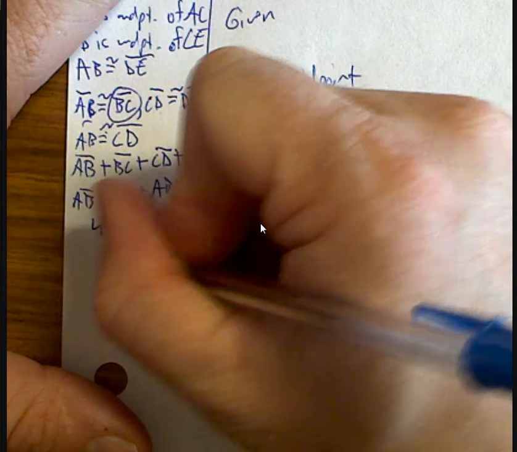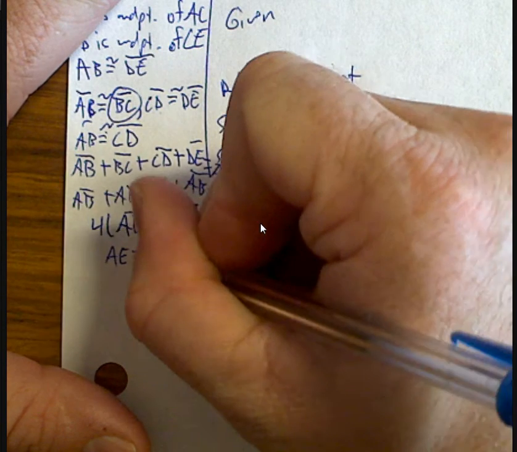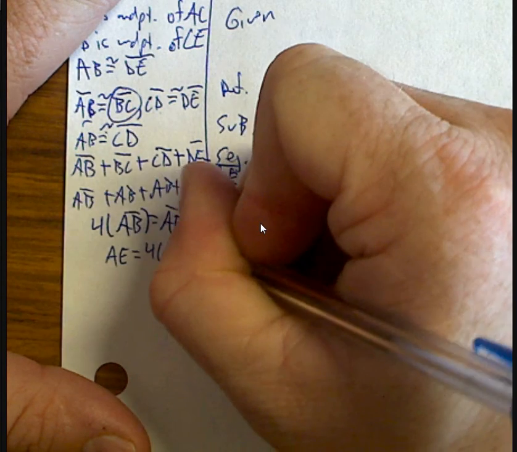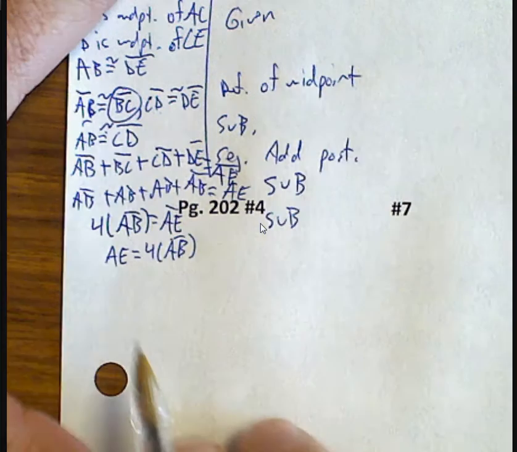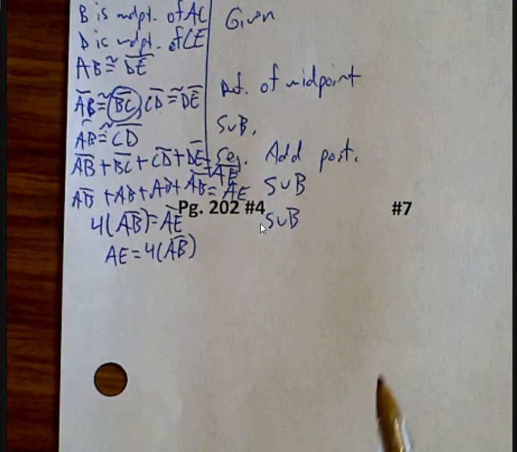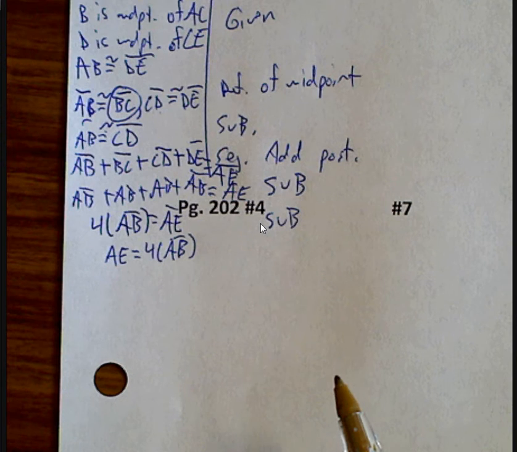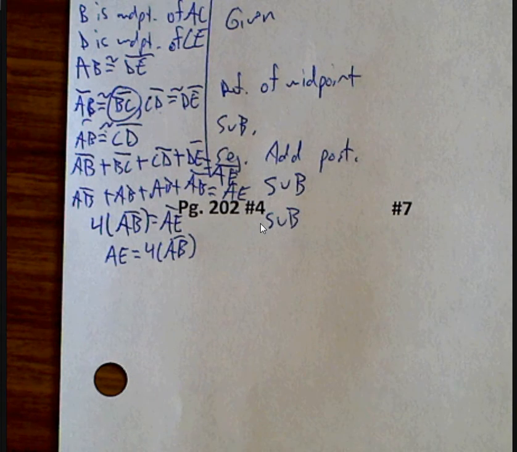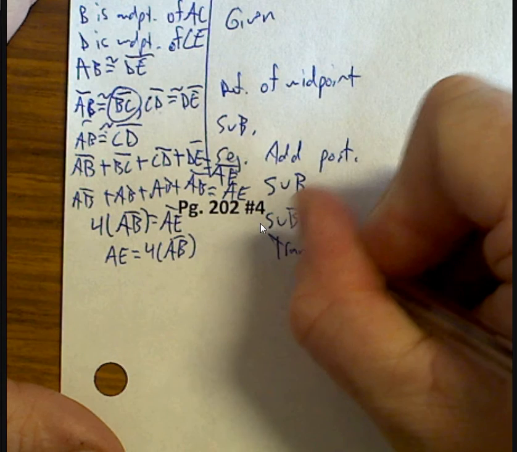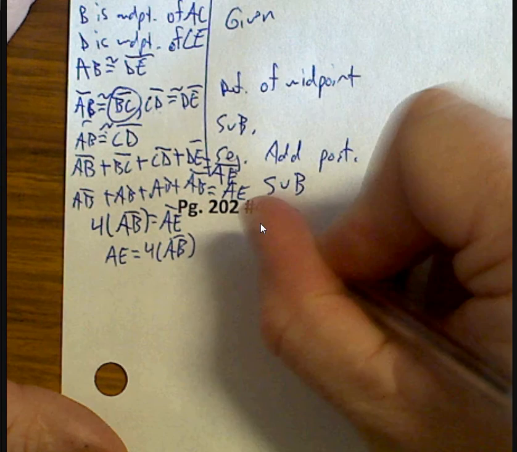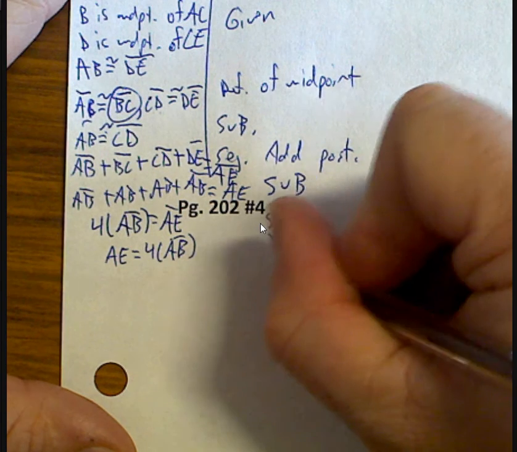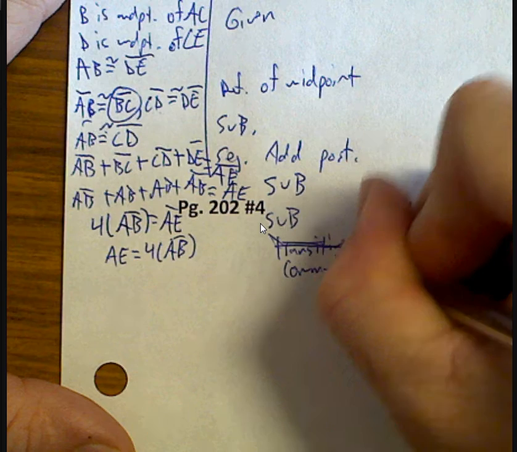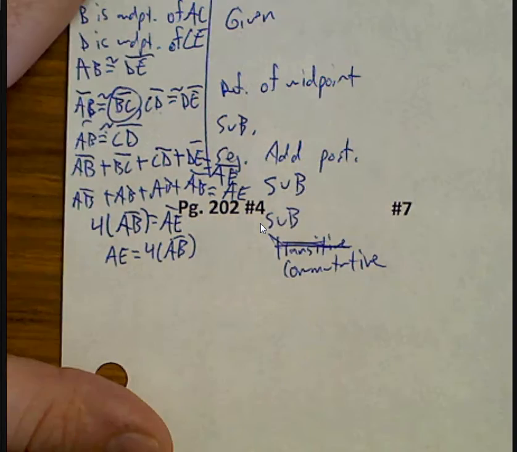And I can go ahead and flip that, and I can say AE is the same as 4AB, and we've been working on this, that this is really the transitive property, transitive. No, not transitive, sorry, commutative. If the left side equals the right, then the right equals the left.